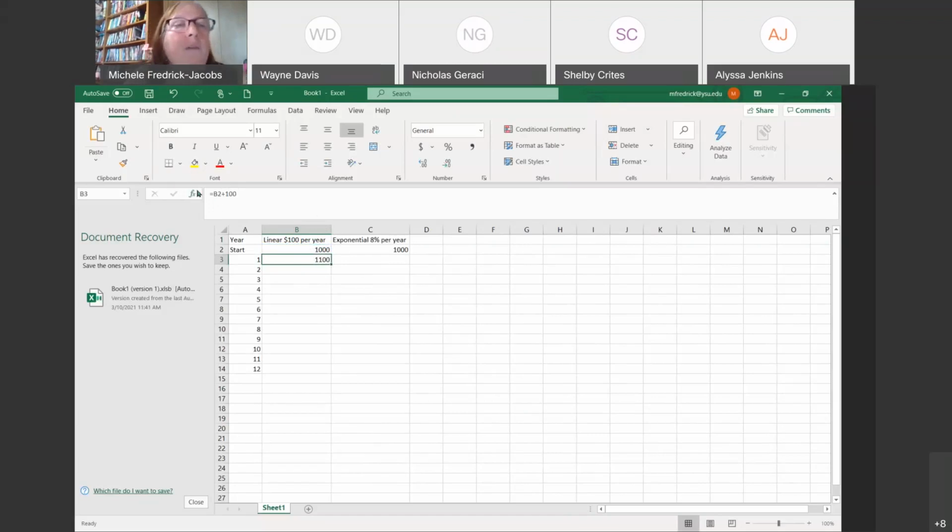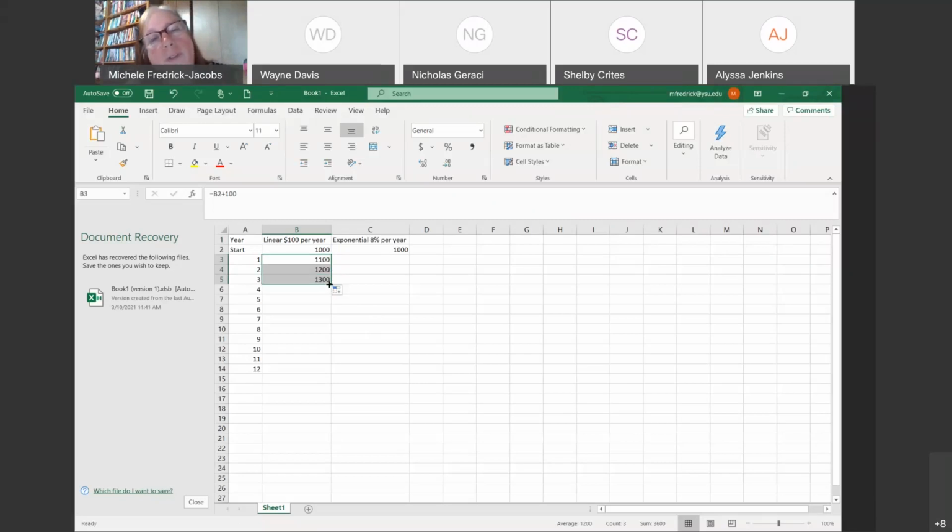So I put the equal sign, I clicked on the one above, and then I added 100, and notice it added 100. If I go here and go down one, it adds another 100. We go down another one, it adds another 100.